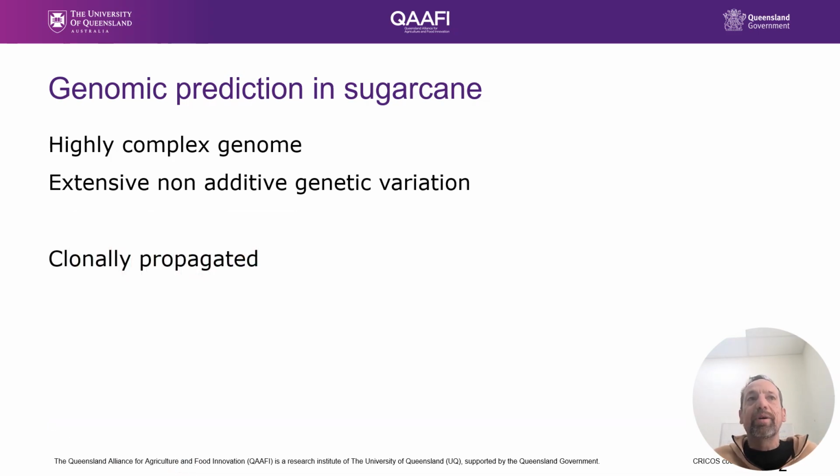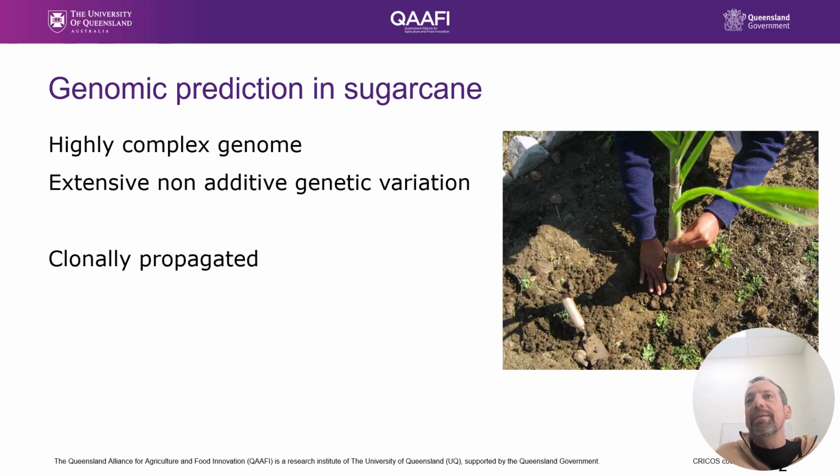It's also clonally propagated, which is good because it means you can take advantage of the fact that a clone has both good additive effect and non-additive effects to get a great total clonal effect.